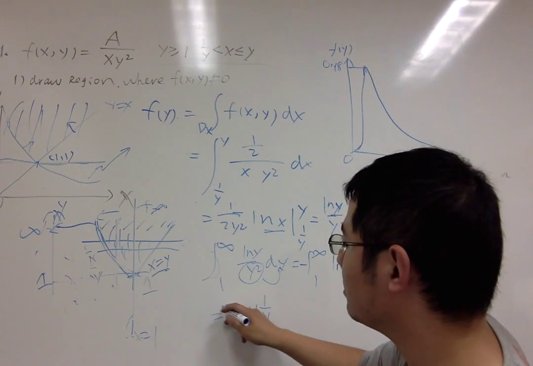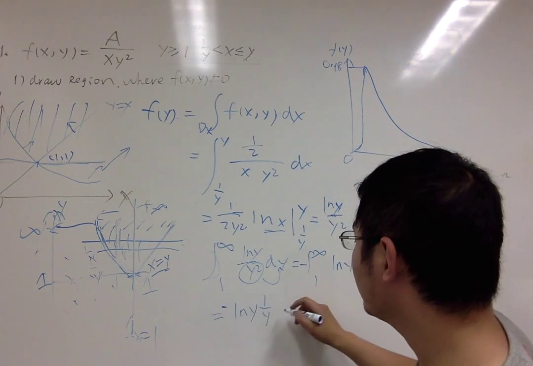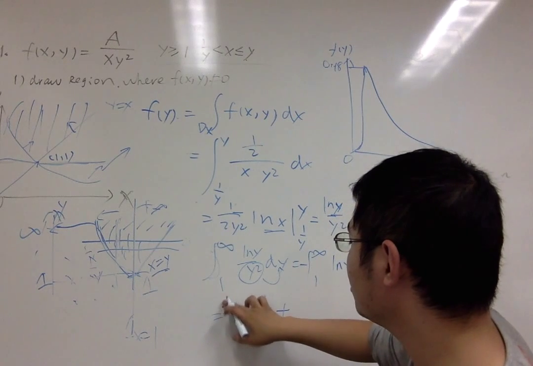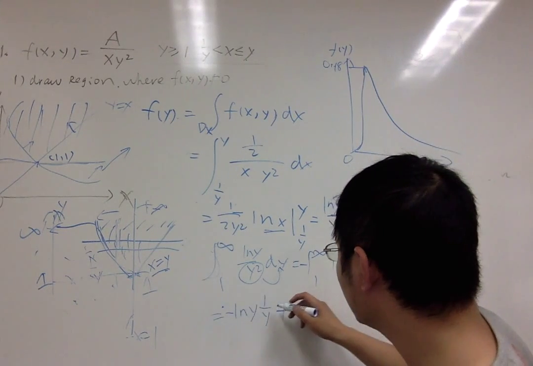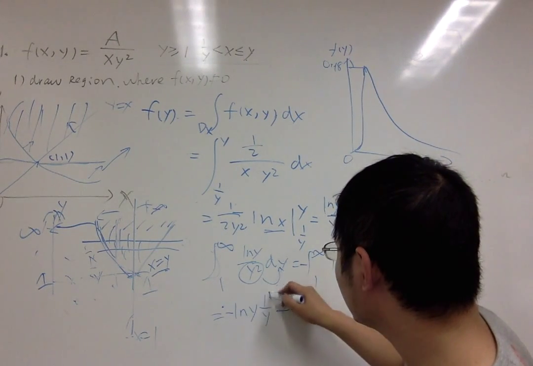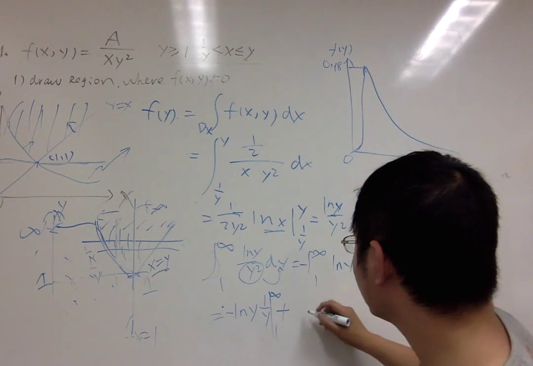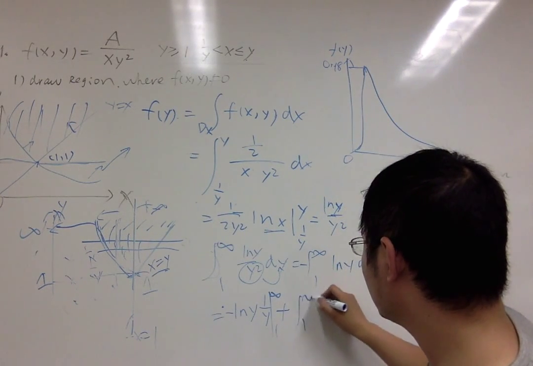There is a negative sign, so I'm going to change it into this form, with y from 1 to infinity.